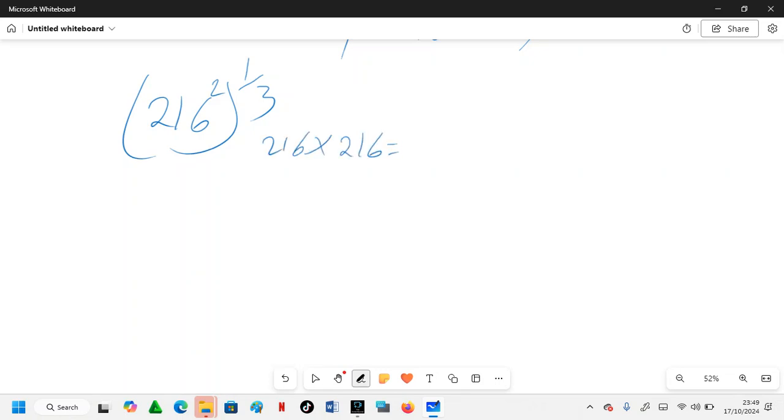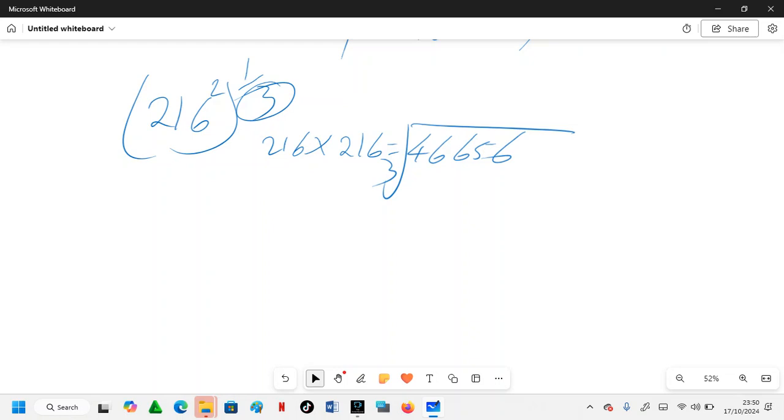Just consider another example. 216 to the power 2 over 3. So 216 times 216 is going to give us 46,656. And then power a third means the cube root.